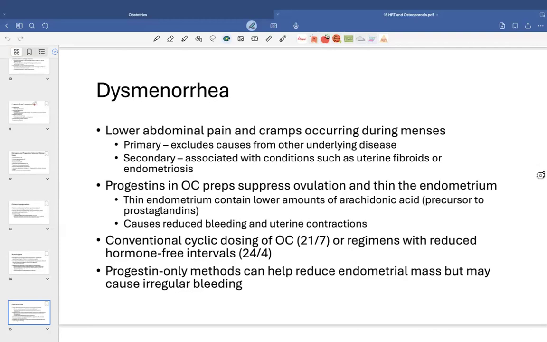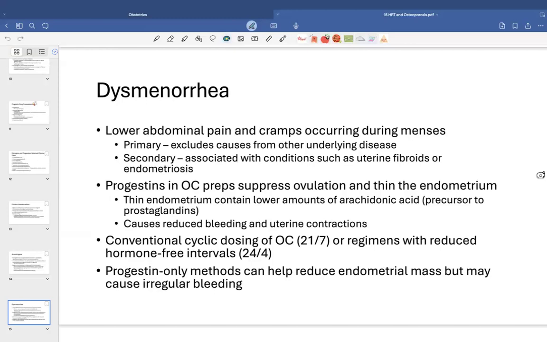The endometrial lining basically produces arachidonic acid. Think back to what we discussed with NSAIDs. Arachidonic acid is the precursor for prostaglandins. Certain prostaglandins are involved in uterine contractions, which is actually part of the reason why misoprostol works for abortions, that it is involved in contracting the uterus.